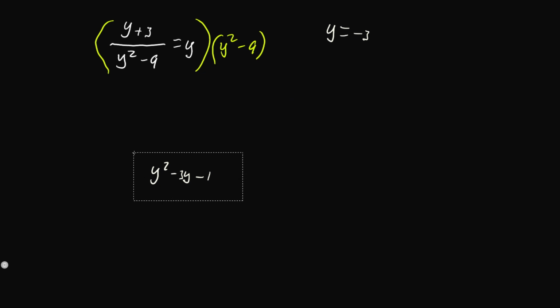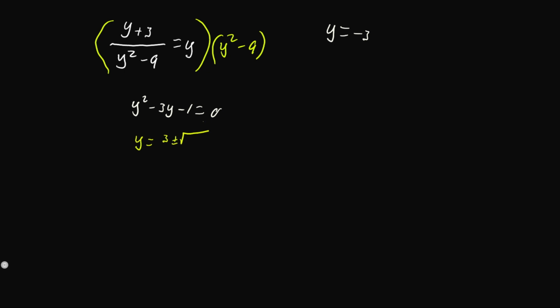So we're going to go ahead and write down our equation. y squared minus 3y minus 1 is equal to 0. We want to see what are our solutions for our quadratic that are going to satisfy the rational function. So here we have y is equal to 3 plus or minus the square root of 9 minus 4 times negative 1.